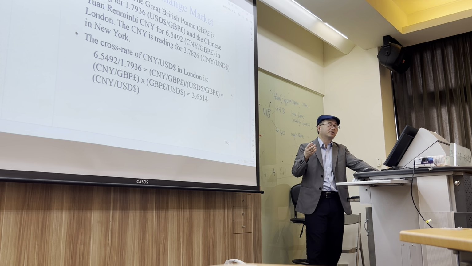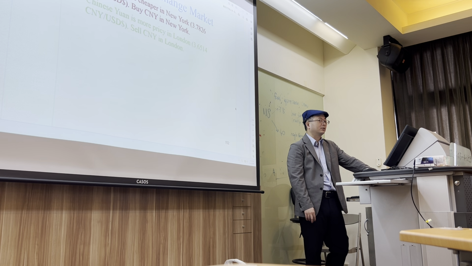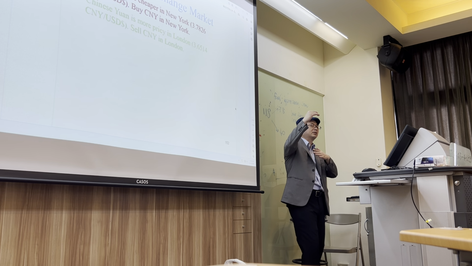So this suggests the arbitrage may be possible, as there is a discrepancy between the London cross rate and the actual rate. The Chinese yuan is cheaper in London, at 3.65, and more pricey in New York, at 3.78.